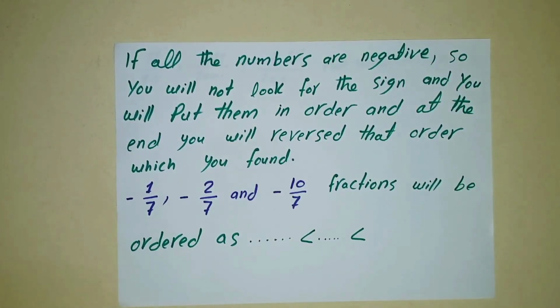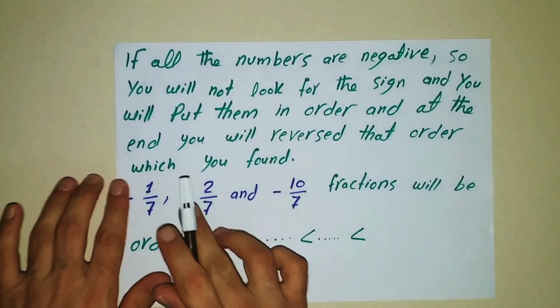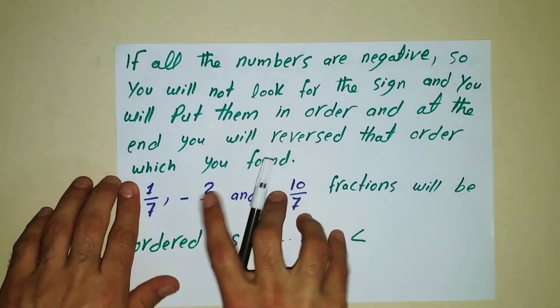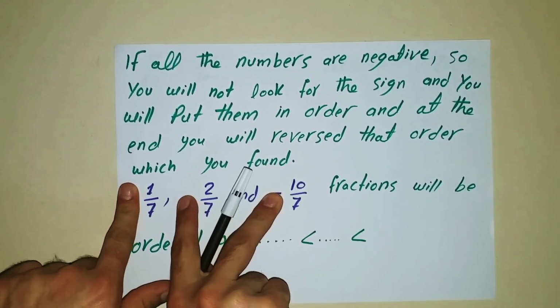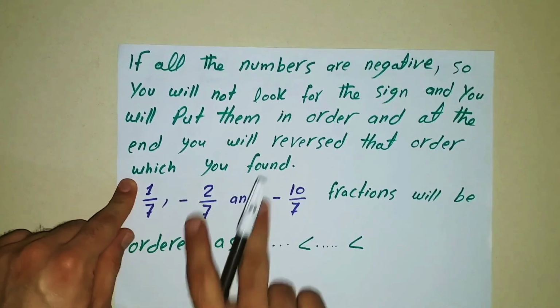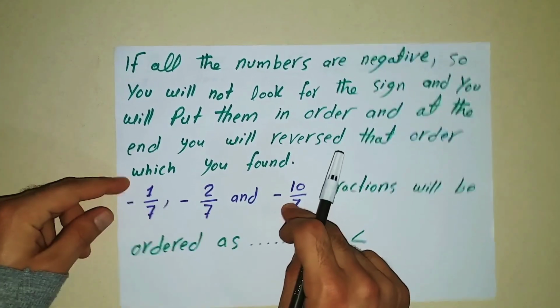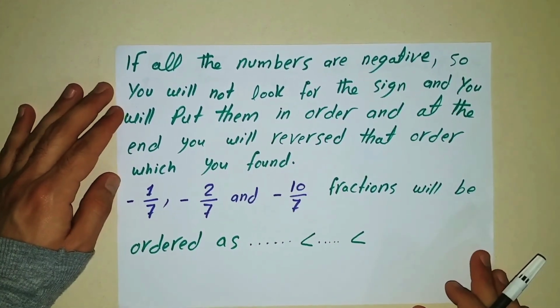If all the numbers are negative, you will not look at the sign and you will put them in order, and at the end you will reverse that order which you found. If all of the fractions are negative, you will ignore these negative signs. First you will go for the positive, like we are doing in positive. They have the same denominators, so I will put them according to that.